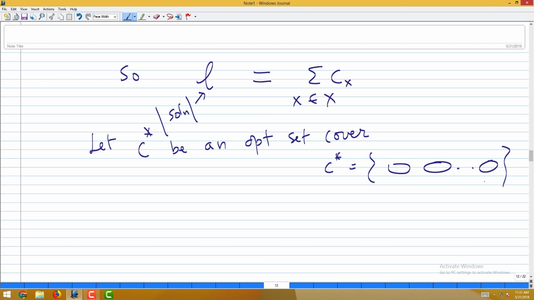Now, suppose I add the cost of elements in each set, summation C x, x in S, over all S in C star. What can you say? So, each element has a cost, and this C star is a set cover. So, it will cover all elements.